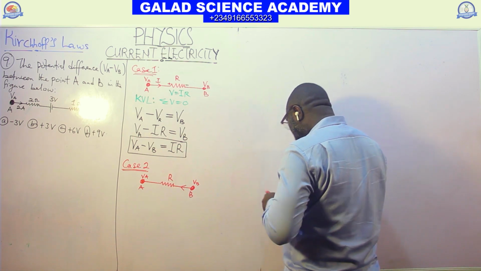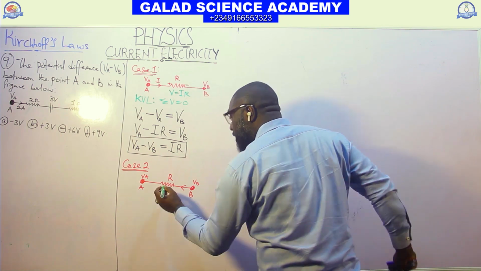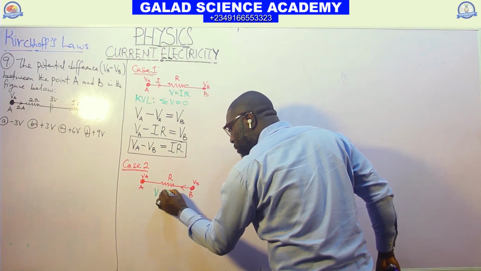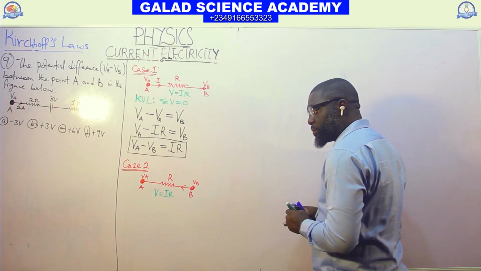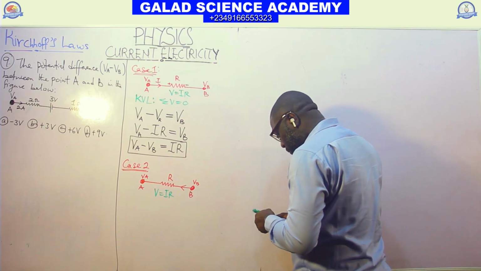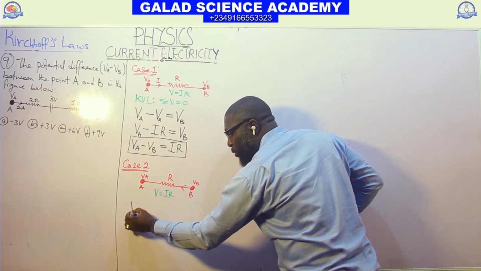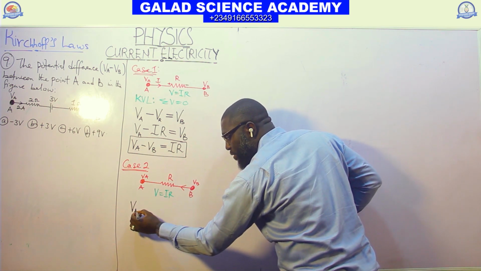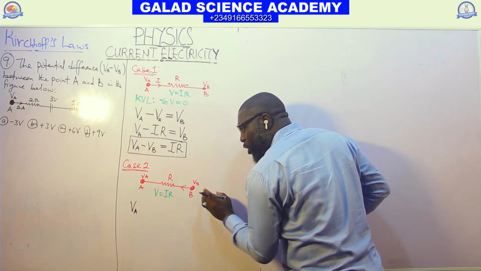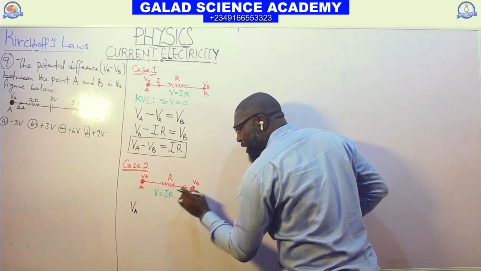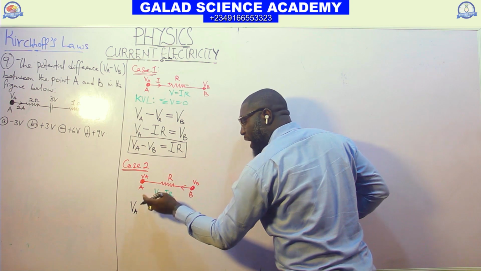Don't forget, we still have P equal to IR. So the potential difference here for A will now be VA. The current is going like this, and the loop is like this.